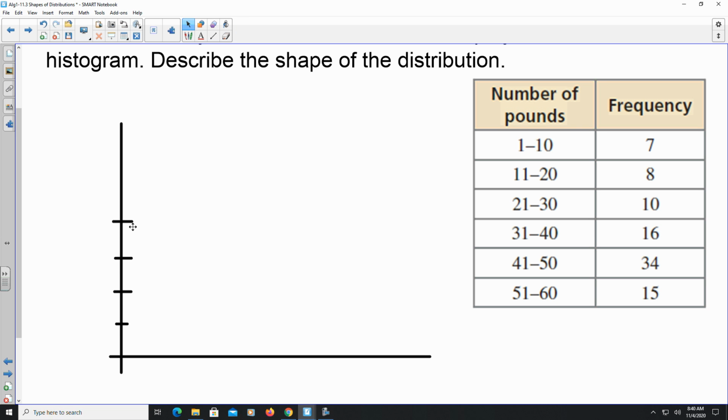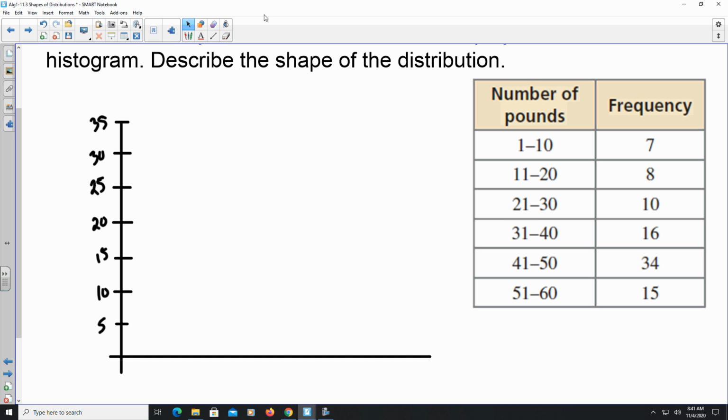Maybe this one goes a little lower. So 5, 10, 15, 20, 25, 30, and we'll say 35. So I'll write it in 5, 10, 15, 20, 25, 30, 35.